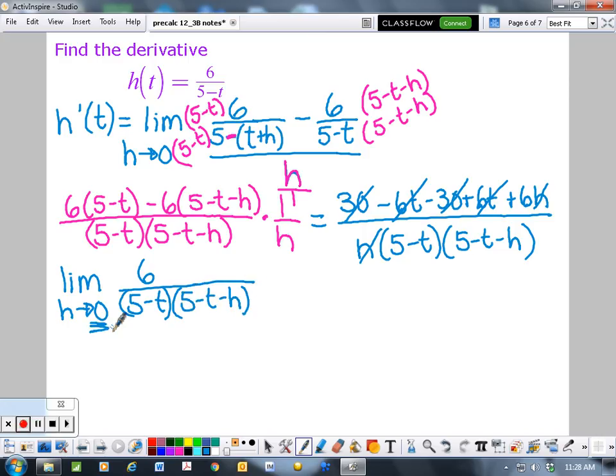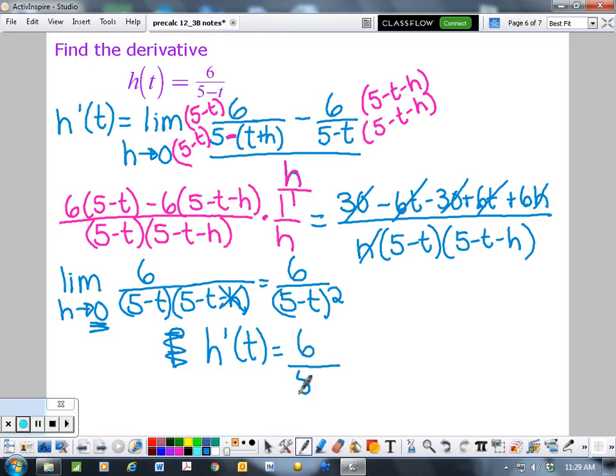And since h approaches 0, we're going to replace h with 0, so that just goes away, which means I really have 6 over 2 5 minus t's. Not 2. Whoa, they're multiplied, so it's squared. Let's just fix that. 5 minus t squared. And that's our value for the derivative. So let's write that out in technical form. Oops, it's h, so the derivative of h of t is equal to 6 over 5 minus t squared.